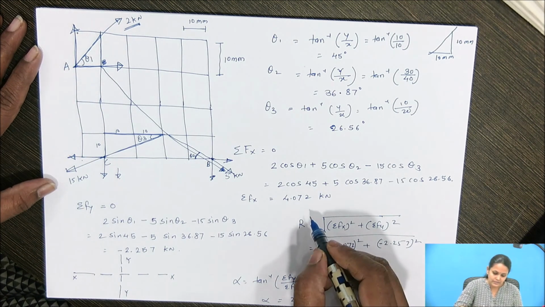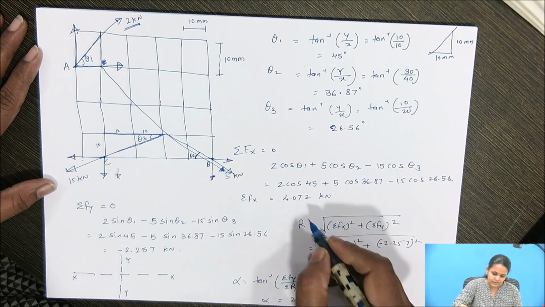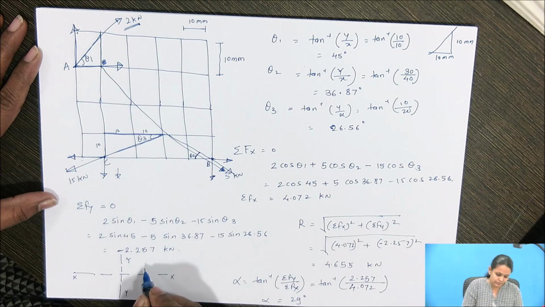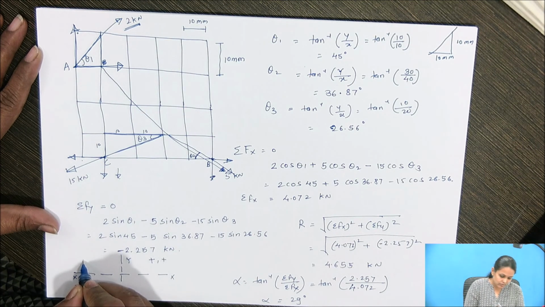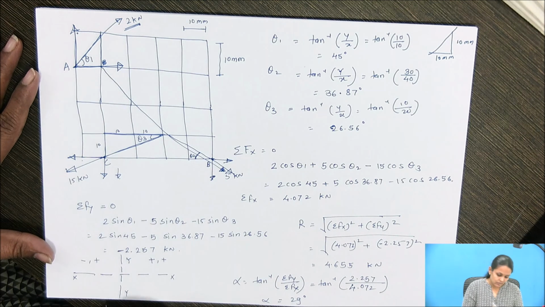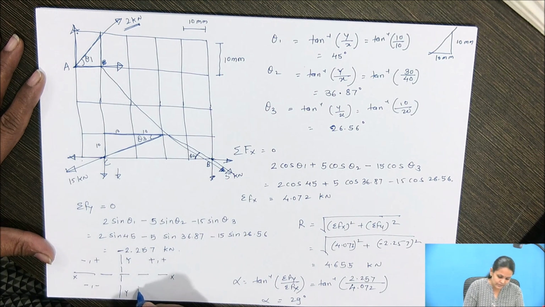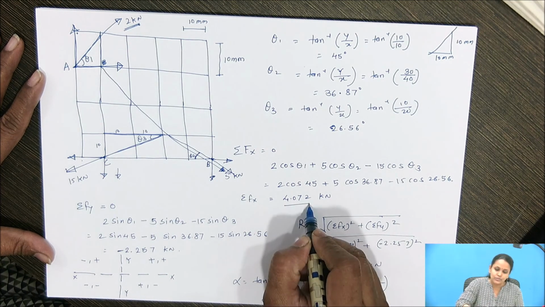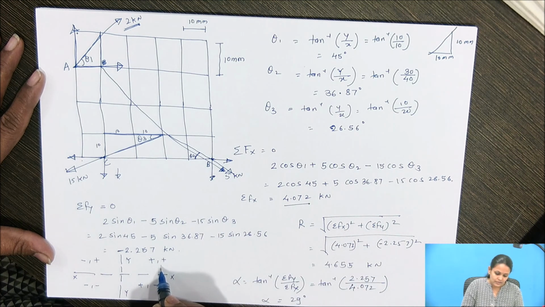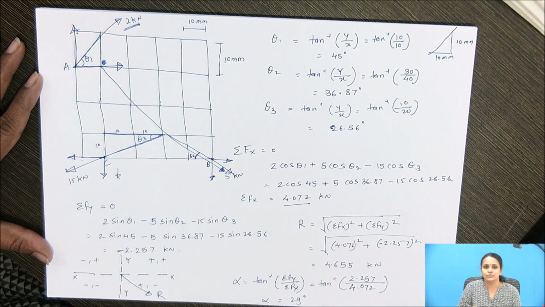So here summation f of y is minus. So if we see the quadrant notation, first quadrant plus plus, second quadrant minus plus, third quadrant is minus minus, fourth one is plus minus. Okay, so here summation f of x is positive and summation f of y is negative. So what it will indicate? This resultant will lie in the fourth quadrant. So likewise you have to show the position of the resultant force.